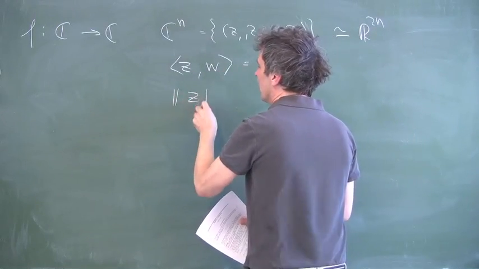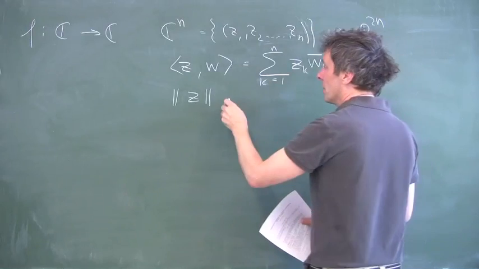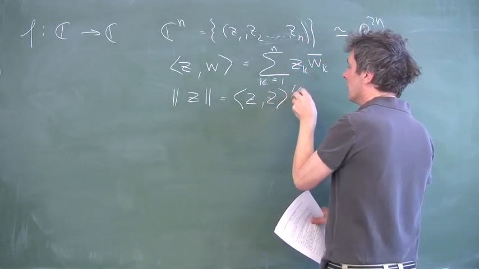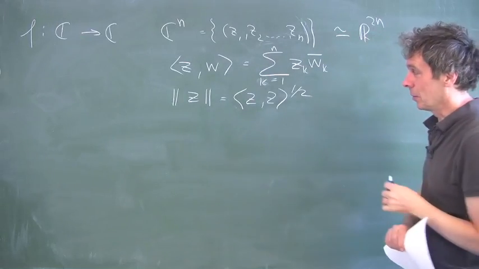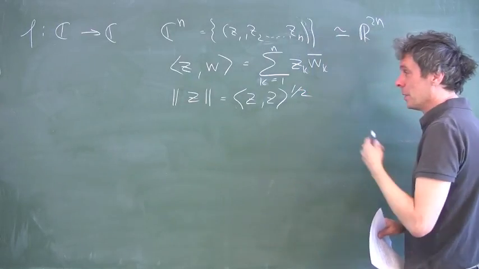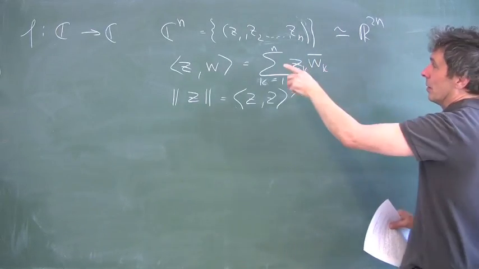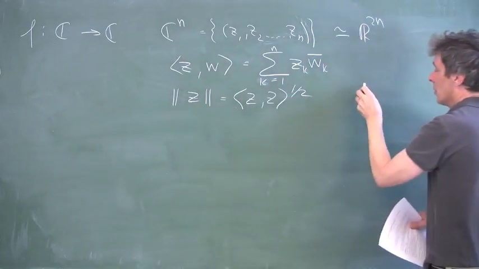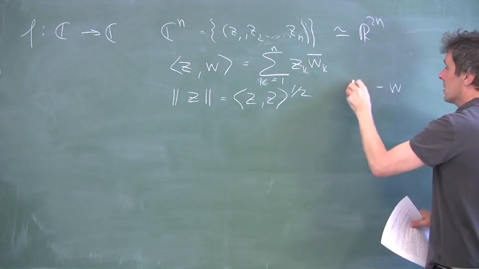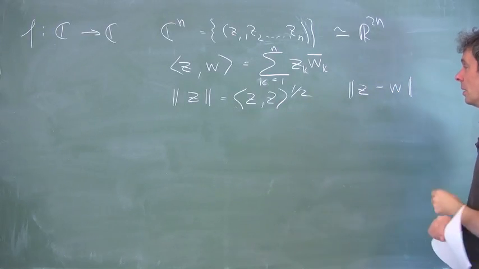You can say that the norm of z is just the scalar product of z with itself and then the square root of that. And so this you can use to measure distances in this vector space Cn. So the distance between two points z and w is just the norm of the difference.